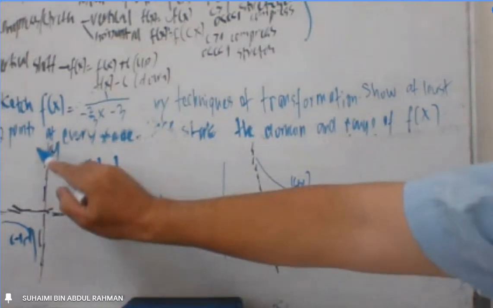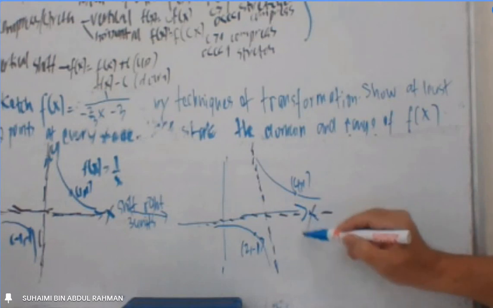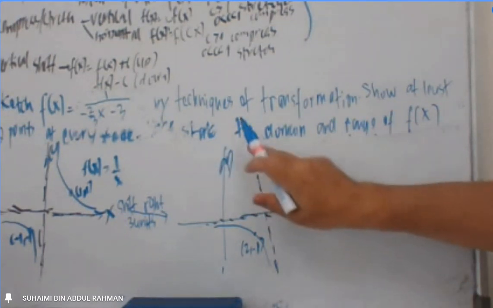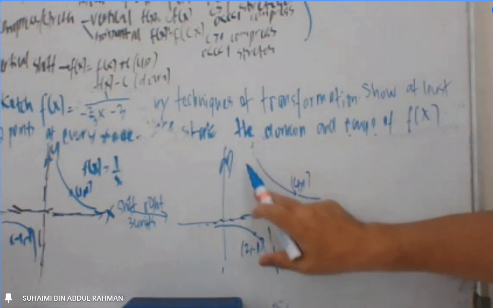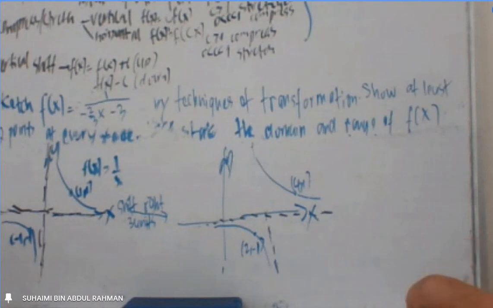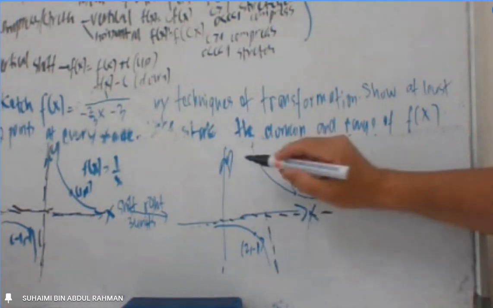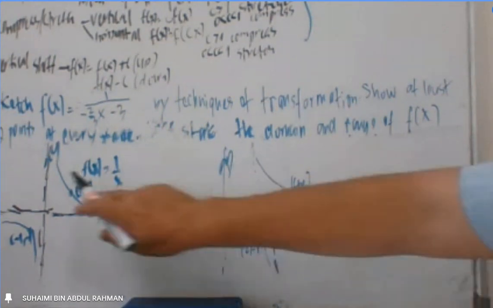Remember that the x axis and y axis, this is just to show you the asymptote, but our asymptotes now move. They are not the x axis and y axis any longer, right?